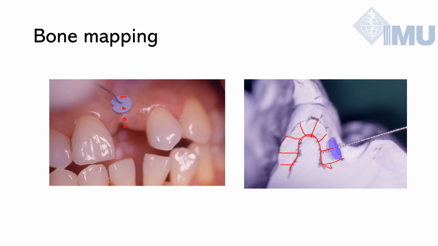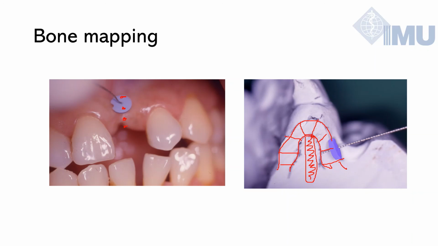That information on the amount of soft tissue thickness can be transferred to your hard cast, and then you can estimate the bone width to plan the implant placement and select the implant diameter and length accordingly. That is called a bone sounding procedure.